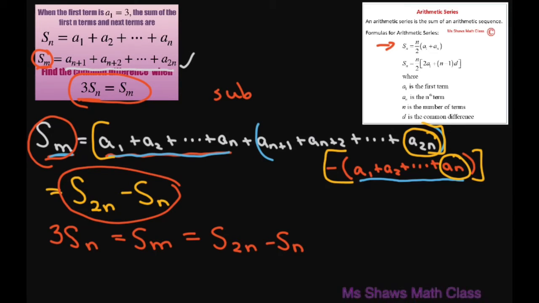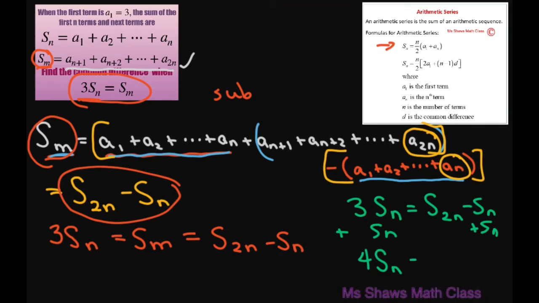All right, so basically we have 3s sub n equals s sub 2n minus s sub n. And that's what I wanted. I wanted everything in terms of n. So now let's go ahead and add this to both sides. And therefore we get 4s sub n equals s of 2n.